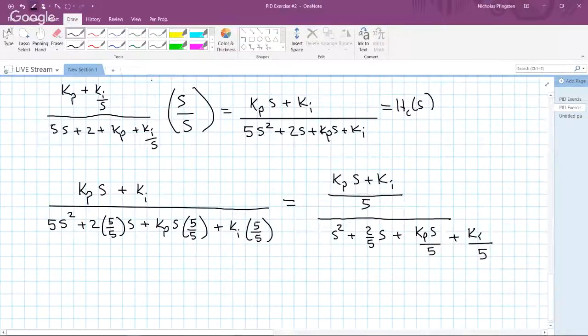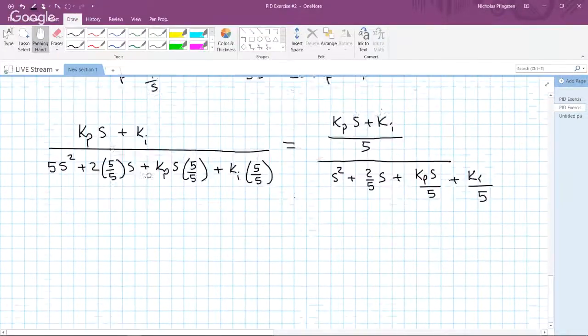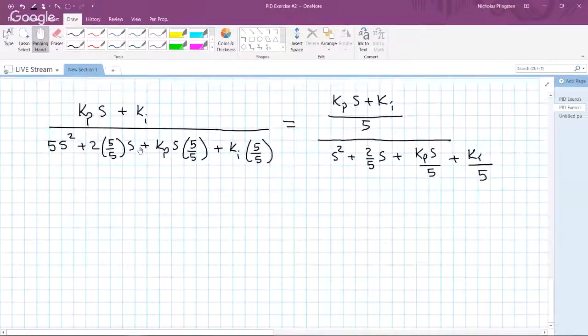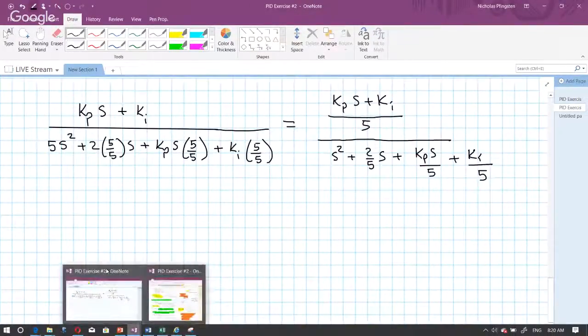Now, we place this denominator into standard form.